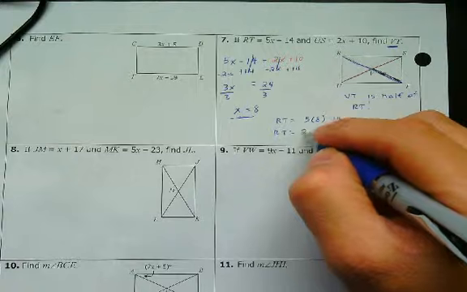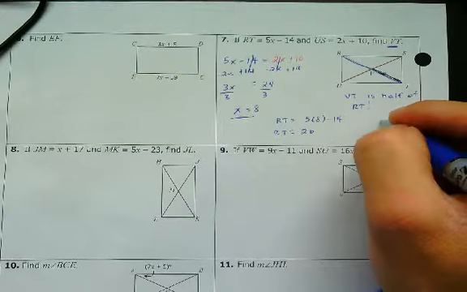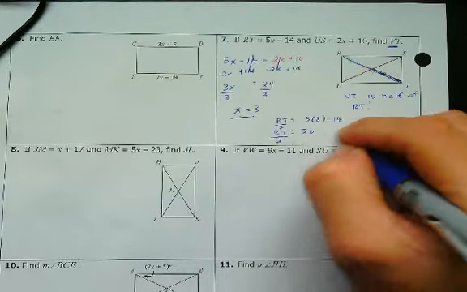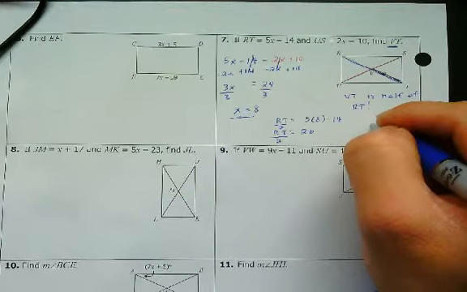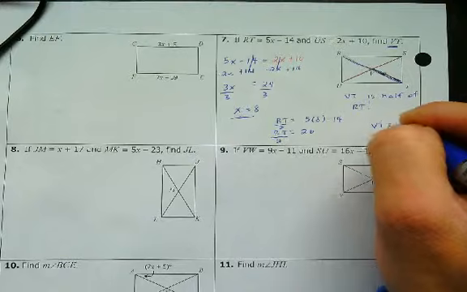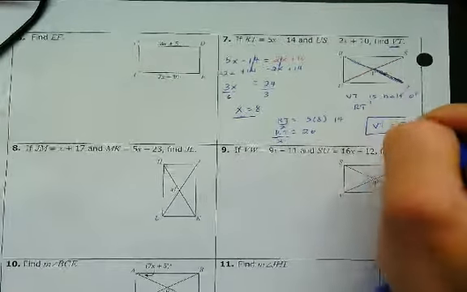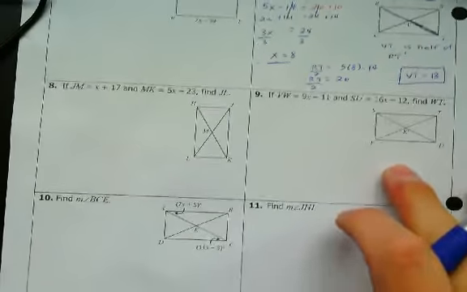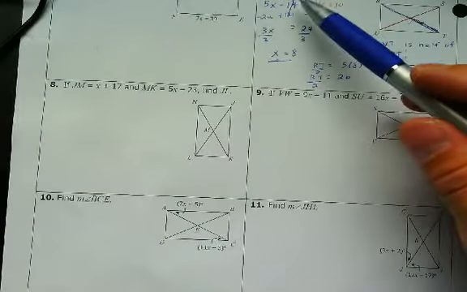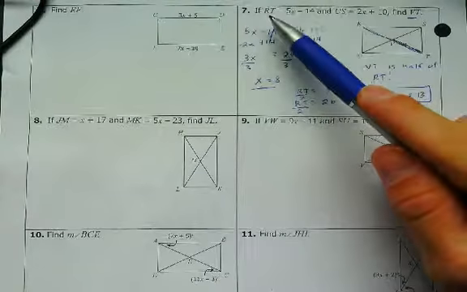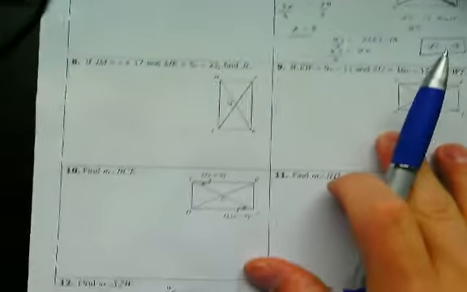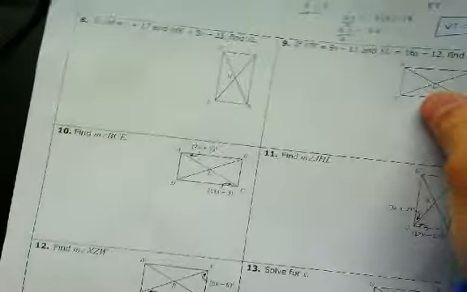Okay, 5 times 8 minus 14 is 26. Divide that by 2, and that gives me VT equal to 13. Key to that one is you got to plug back into the RT, and after you do that, you have to divide it by 2 because this diagonal is split into 2 equal parts.